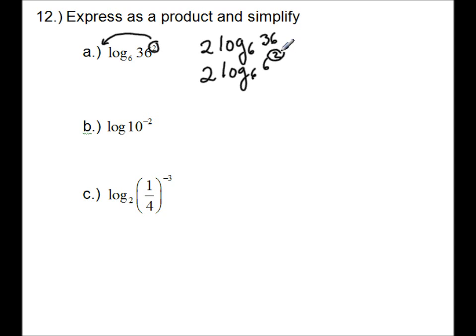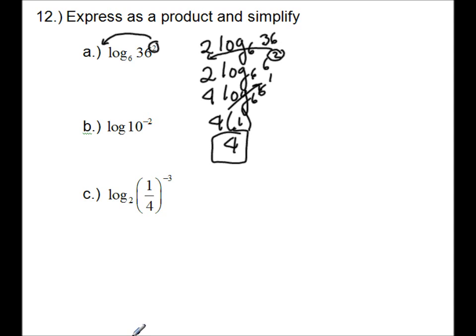So this exponent we can bring around into the front. So now we have 2 times 2, which is 4, log base 6 of 6. We know that this goes to 1, so then we get 4 times 1, which is 4. And that's what A equals, 4.